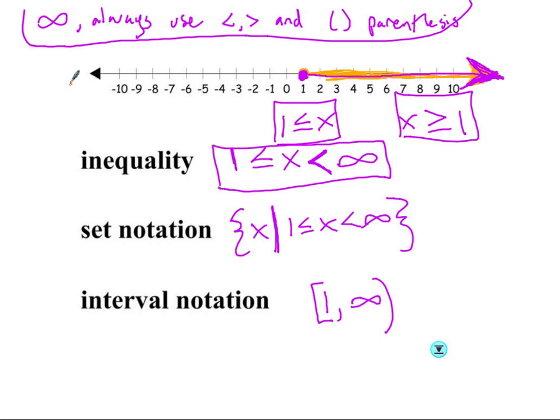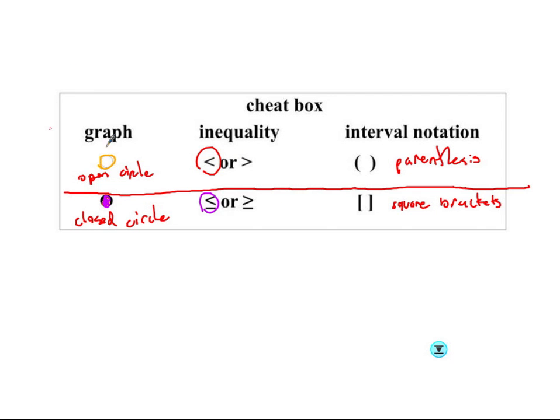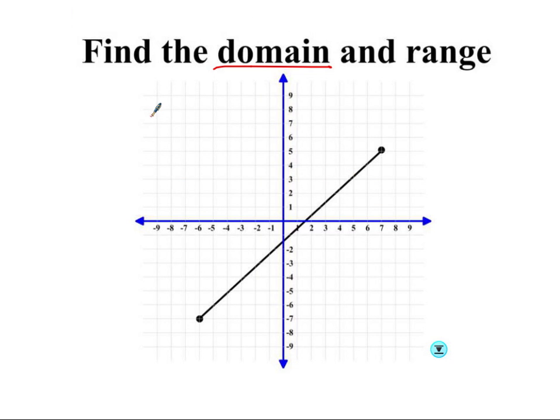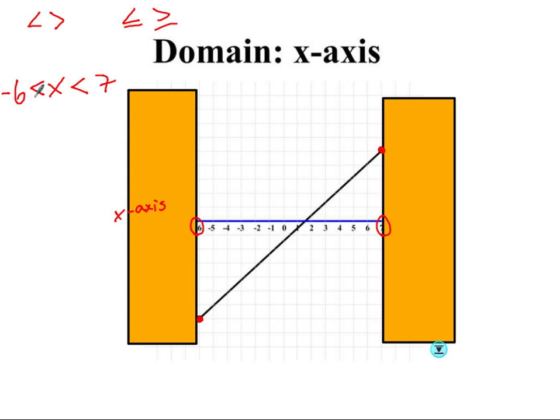So going back to our cheat sheet, closed circles means that you're going to have less than or equal to or greater than or equal to. So it has to be one of these. So it's going to have to be less than or equal to for both of them. There we go. That is the domain for this graph right here.